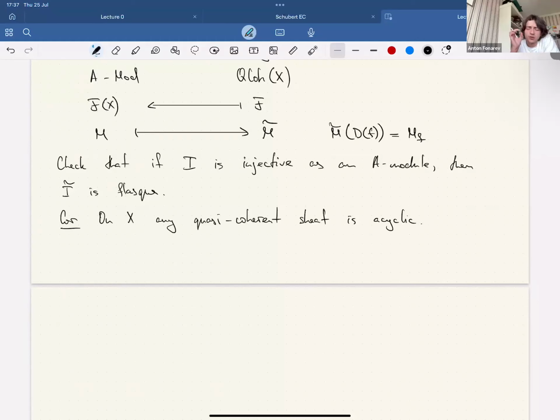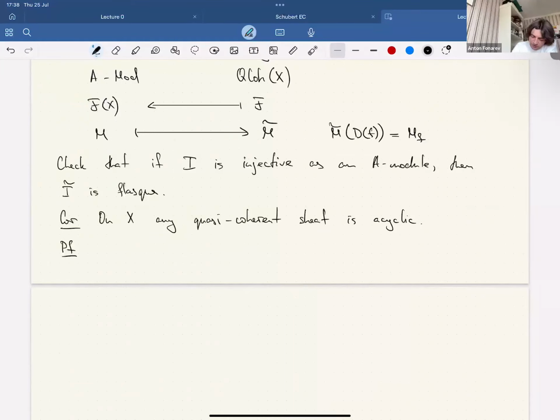When you compute cohomology, very often you use contractible neighborhoods. If your neighborhood is contractible, this specifically means that all higher cohomology of everything vanishes. In this way, affine neighborhoods will look like contractible neighborhoods, if you wish. So no quasi-coherent sheaf has any higher cohomology, and the proof is very simple.